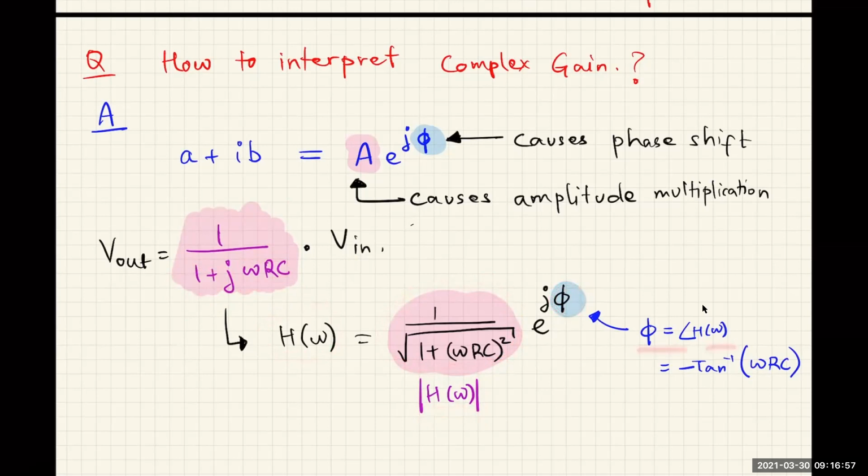The phase is simply negative tan inverse of omega RC. This is all coming from the knowledge of complex numbers and conversion between Cartesian and polar coordinate systems. This is what we call the magnitude of the gain, and this is what we call the phase of the gain.